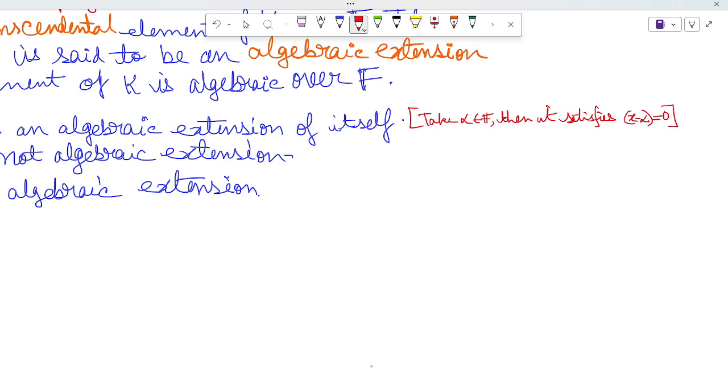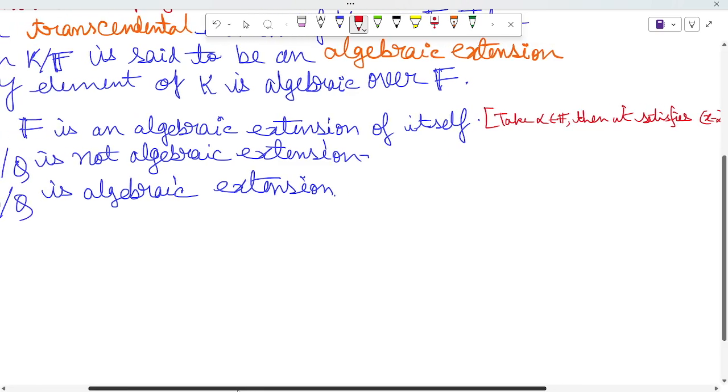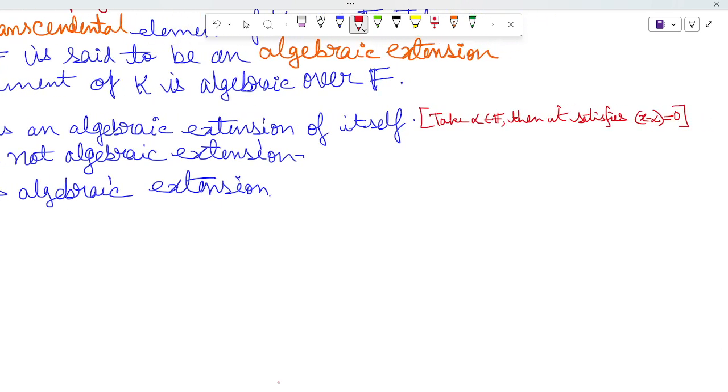Now the coefficients are 1 and minus alpha. They are already from F because I took alpha from F. Next, why is it not? Because pi belongs to Q(pi), but pi is not algebraic.